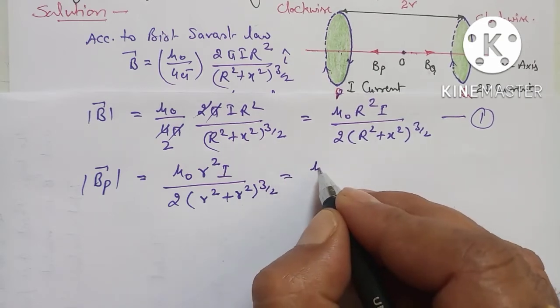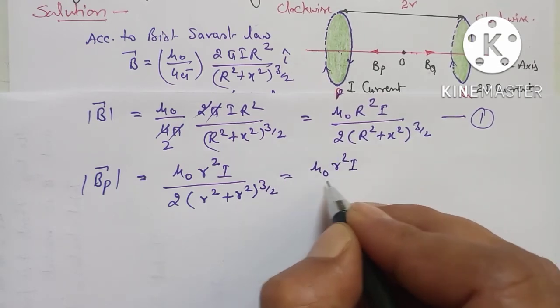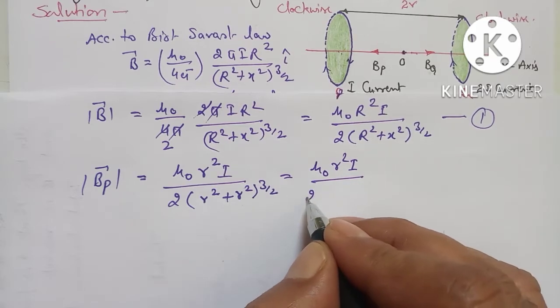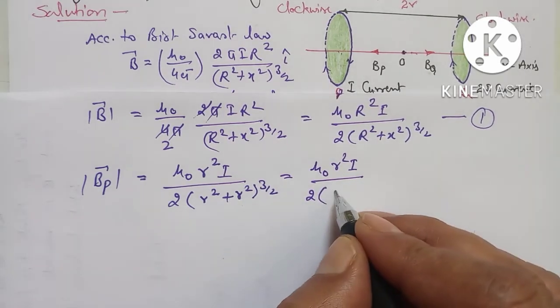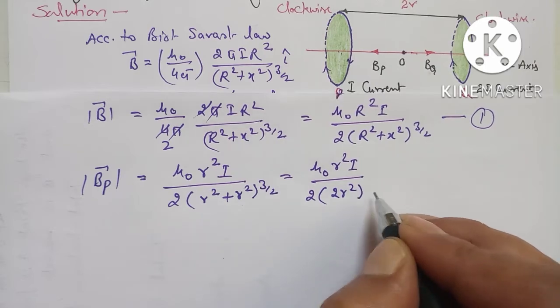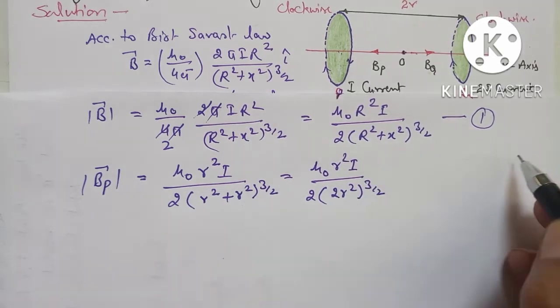This equals mu naught r square I over 2 times (r square plus r square, that is 2 r square) raised to power 3 by 2.